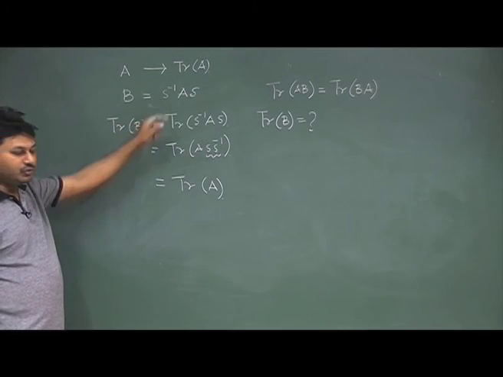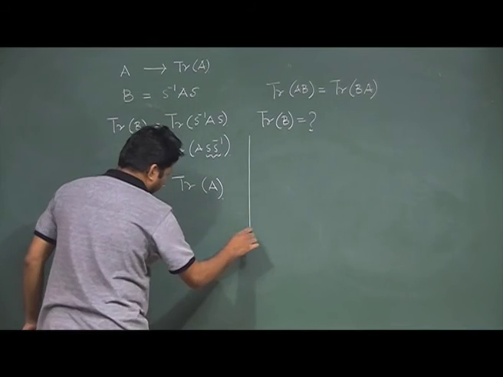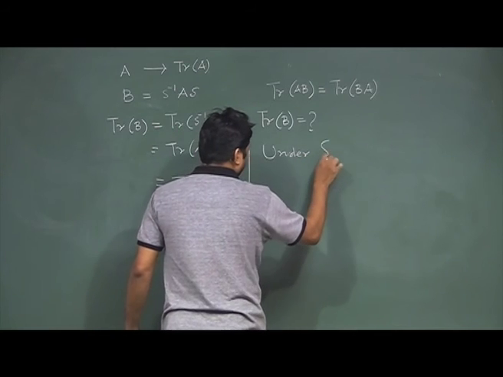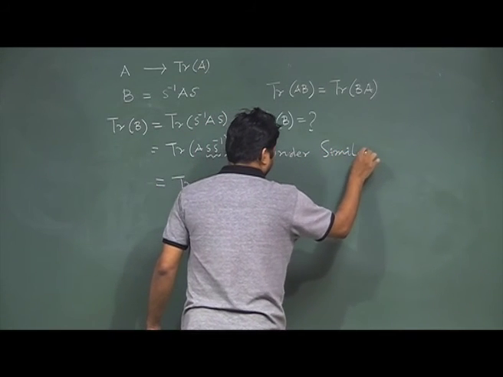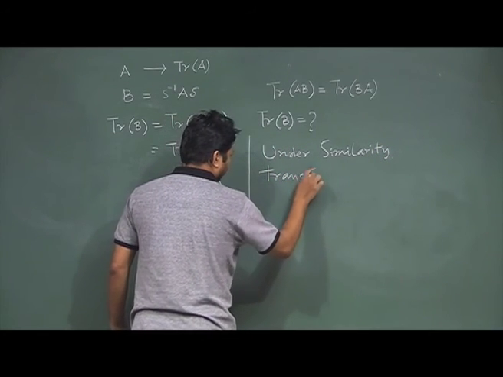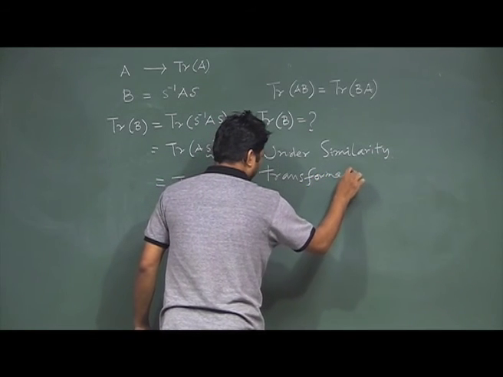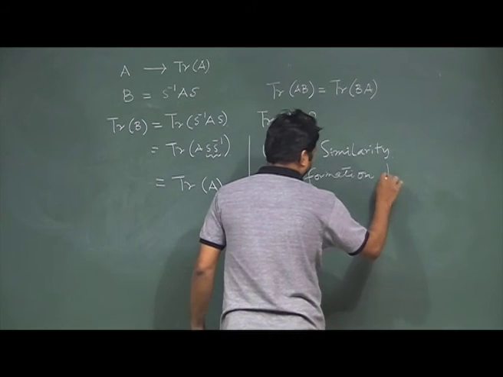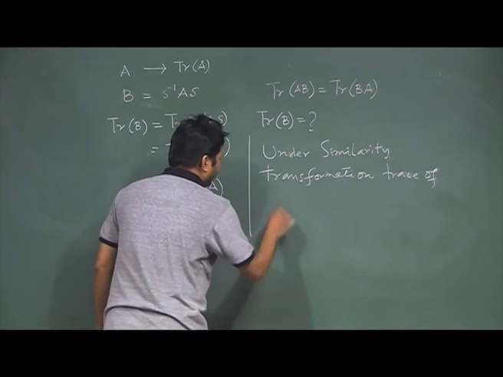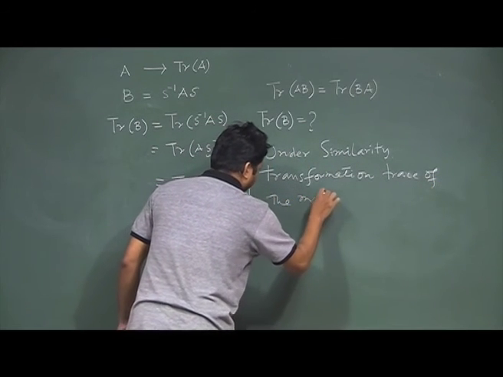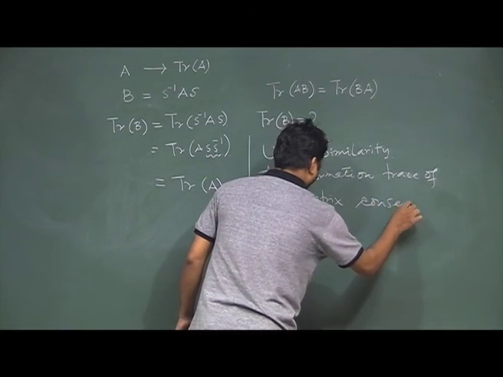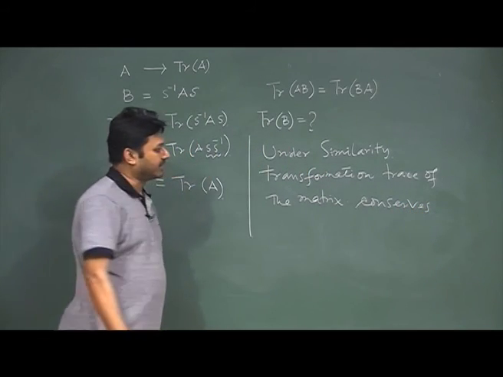So, what is the conclusion with this small thing? That under similarity transformation, the trace of the matrix is conserved.